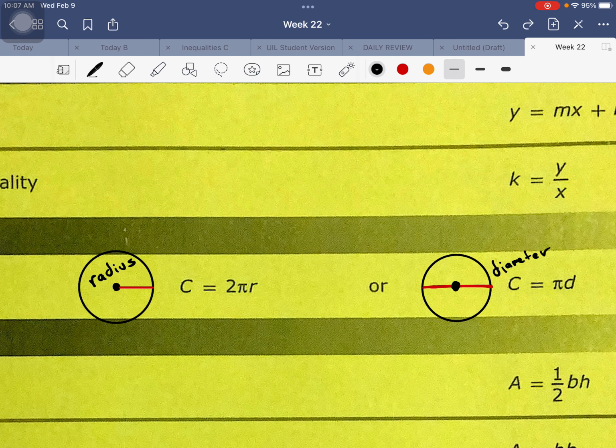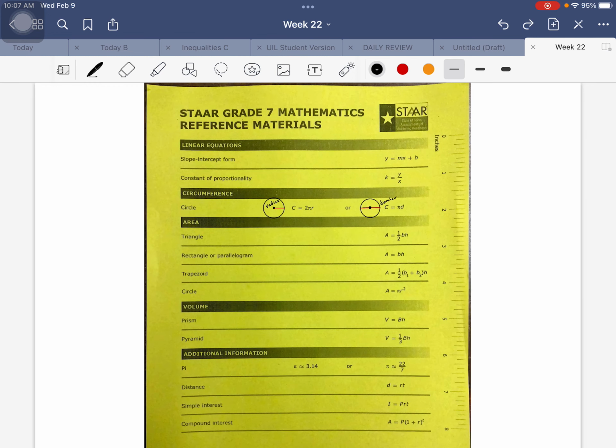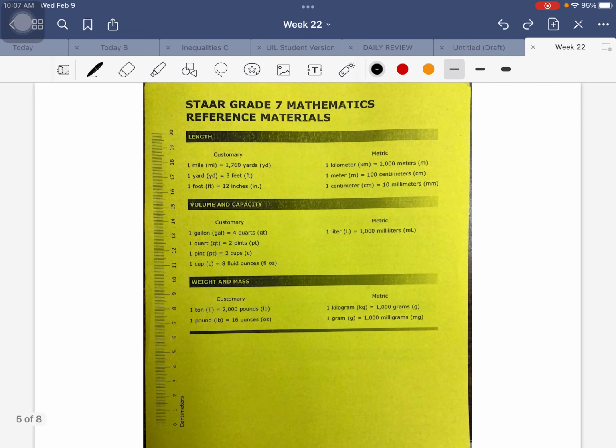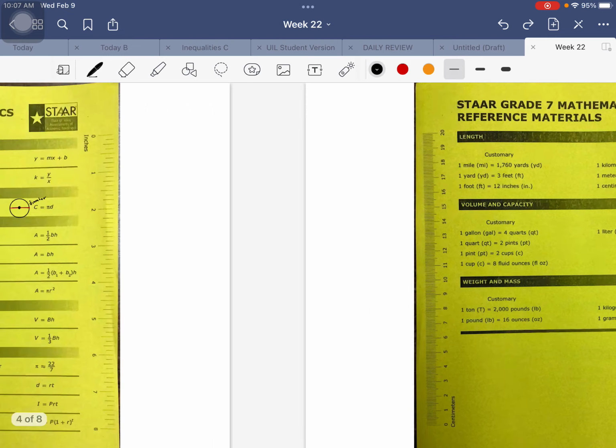Si ya escribieron lo que escribió mi compañera de trabajo, put it back in the sheet protector, please. Okay? Oh, you can't see it? Let's zoom it. There we go. Where? Right there.